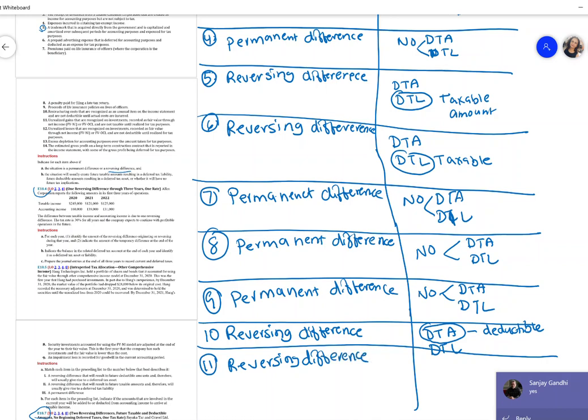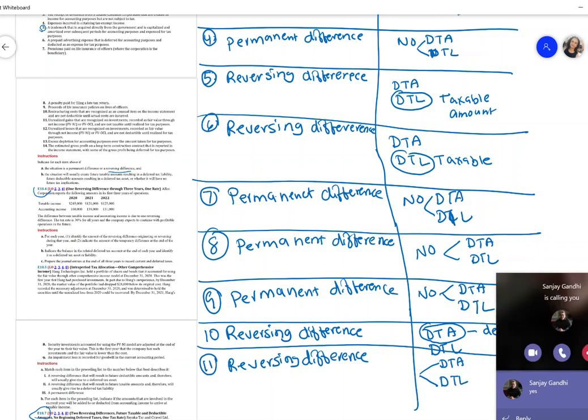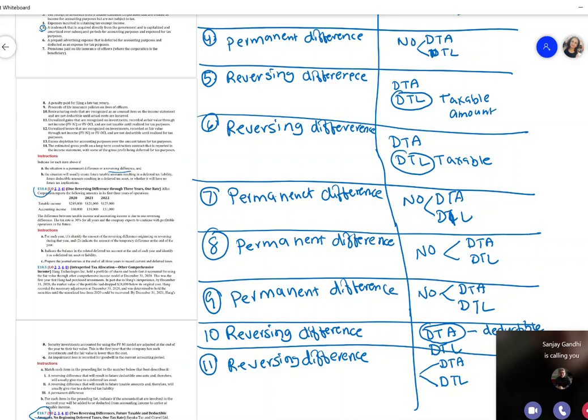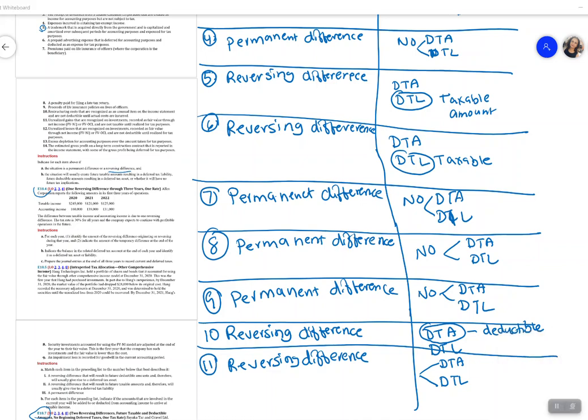When you have a reversing difference, we have two things. We have a deferred tax asset, and we also have a deferred tax liability. So the question is, do we have a deferred tax asset or deferred tax liability in this case? Now, you could have both. In this case, the question is asking about an unrealized gain.